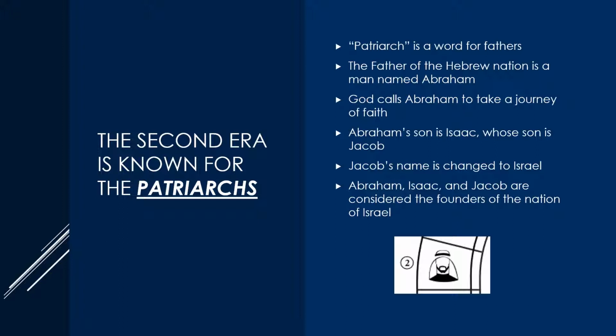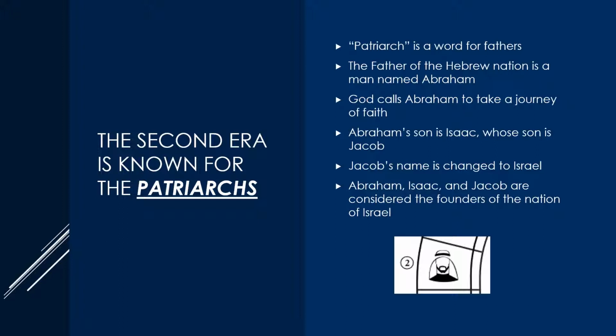And Jacob did indeed struggle with God in order to finally decide that he would live his life God's way. And so Abraham, Isaac, and Jacob are considered to be the founders of the nation of Israel.